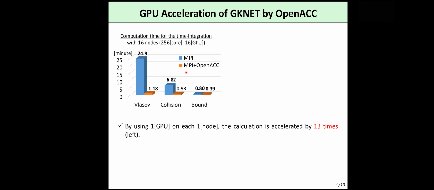On this page, I would like to show you the resultant computational time. First, by using 1 GPU on each node, the collision part is accelerated by 21 times, and the total acceleration rate is roughly 13 times, as shown in this figure.